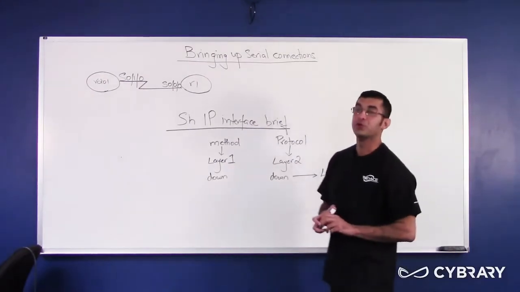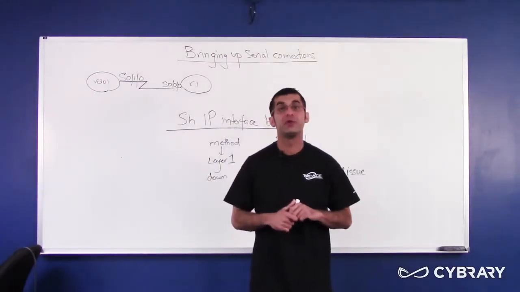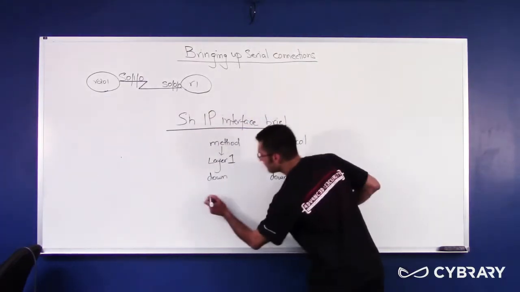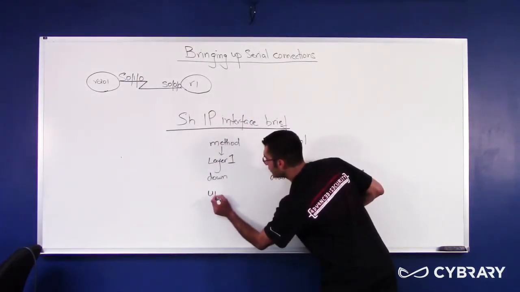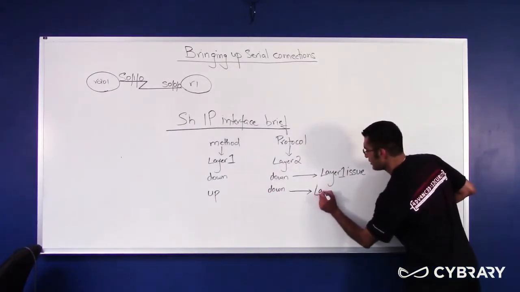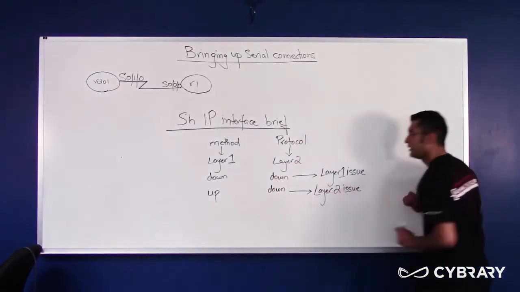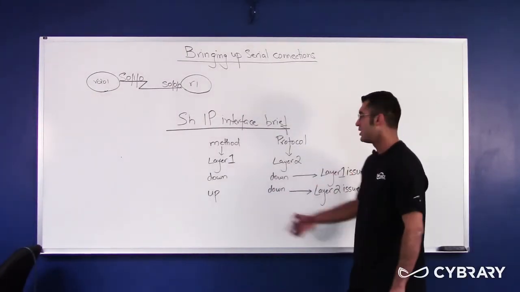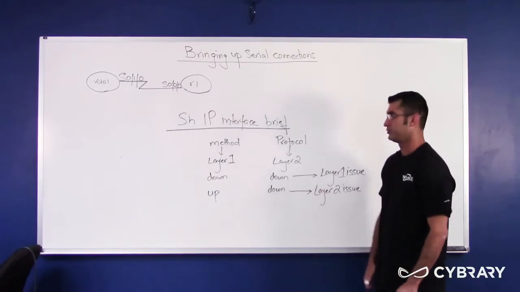So no amount of troubleshooting sitting on the console will help. You need to go check your cabling. If you see up, down, that means this is a layer 2 issue. So down, layer 1 issue; up, down, layer 2 issue.